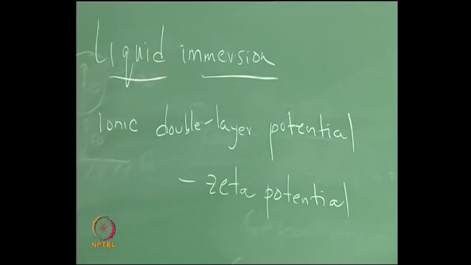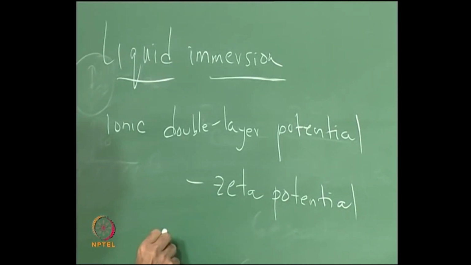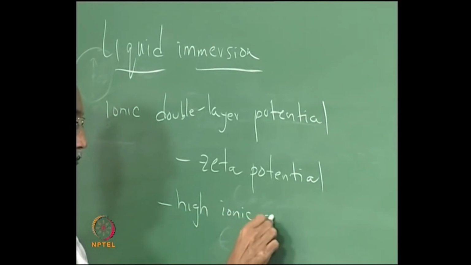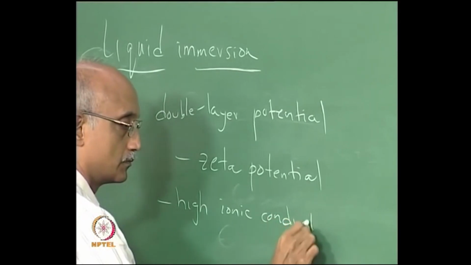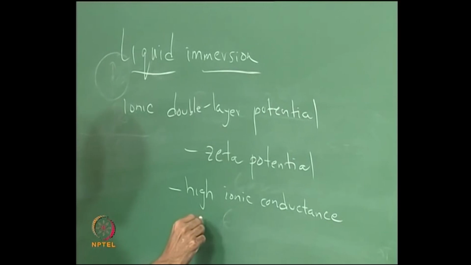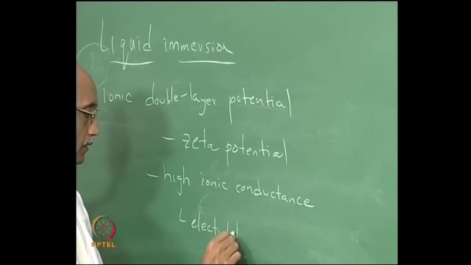Now, the zeta potential happens particularly in liquids of high ionic conductance. And that typically requires high concentration of electrolyte.